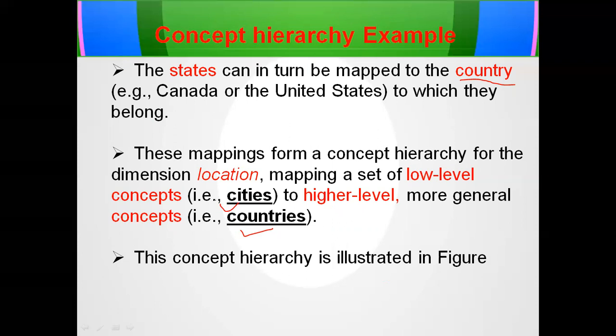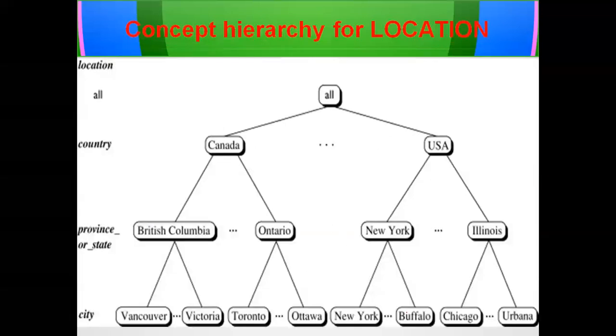Your data warehouse cube may contain city-wise data that can be mapped to state-wise data. How is it possible? With the help of aggregate queries, group by queries. So city-wise data you can map to state, state-wise data you can map to countries, and so on. In the next slide, a figure shows one example.